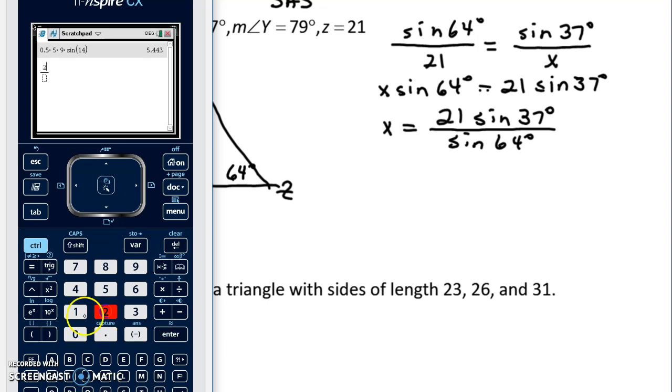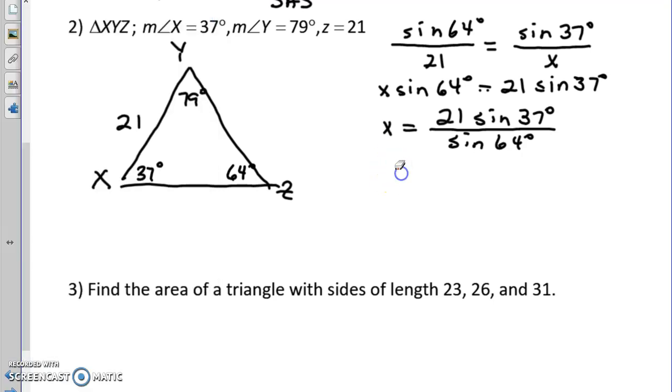So we can just type in 21 times the sine of 37 degrees on the top, cursor down to get to the bottom of the fraction, and type in sine of 64 degrees there and press enter, and that's going to give us an x value of approximately 14.061.